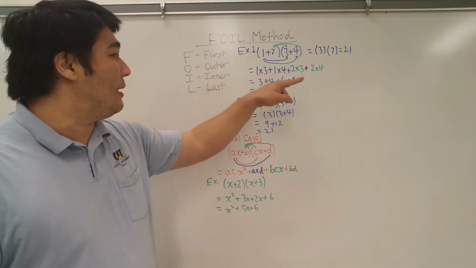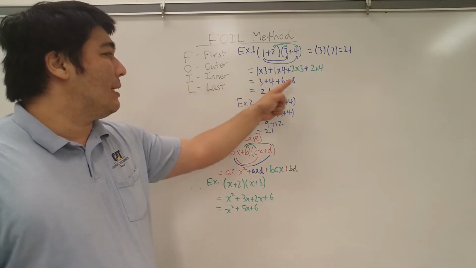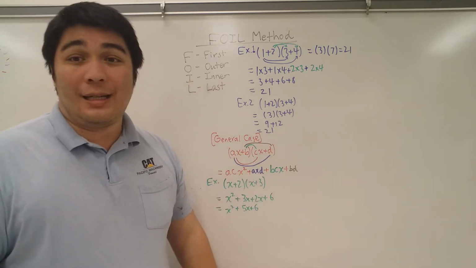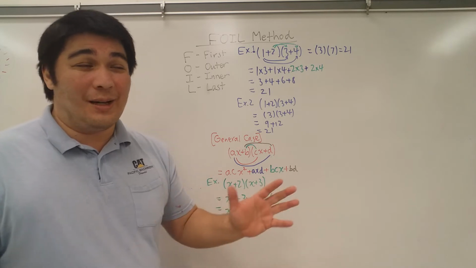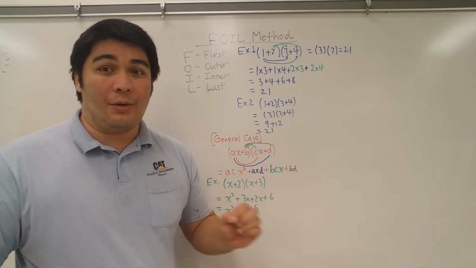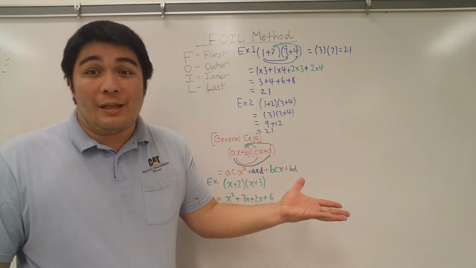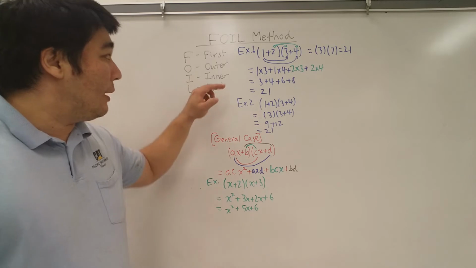So 1 times 3 is 3, 1 times 4 is 4, 2 times 3 is 6, 2 times 4 is 8, and then you can add the whole thing together and get 21, like we expected. I don't want to make it sound like this is a new conclusion. We've been doing this since elementary school, probably. So keep that in mind.